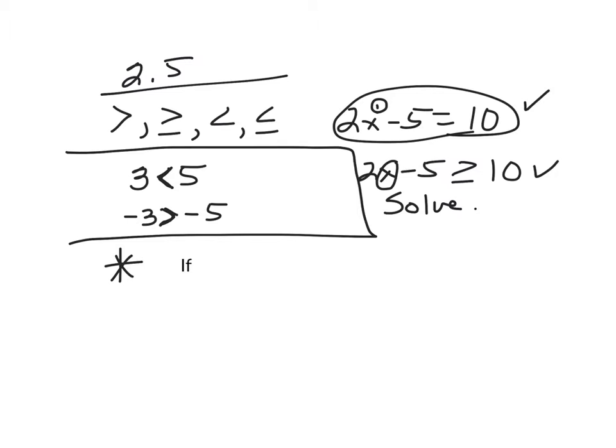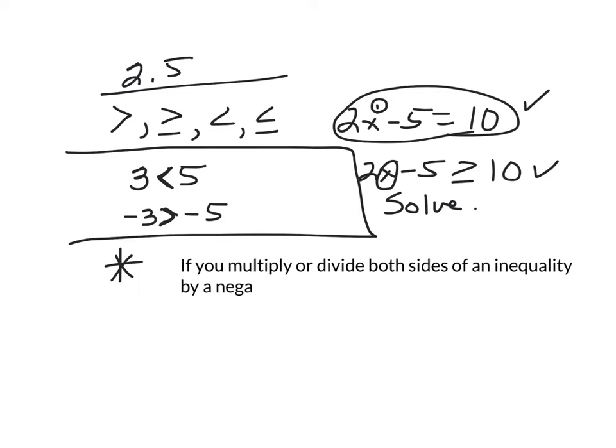If you multiply or divide both sides of an inequality by a negative, comma, and let's pause.